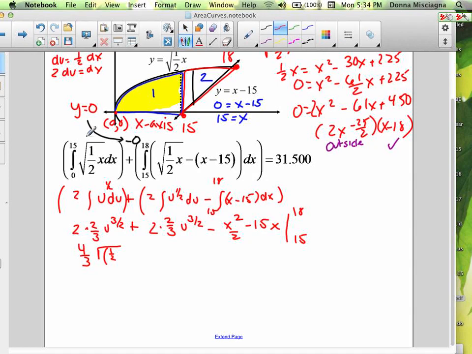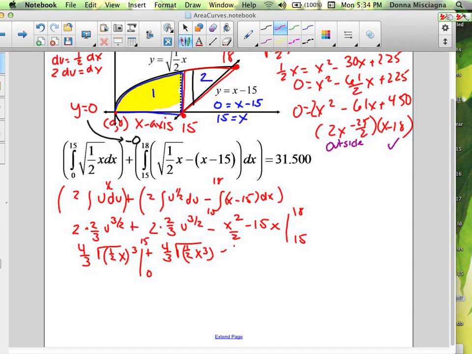So we have 1/2 x cubed, plus, and then again we'd have 4/3 times 1/2 x cubed, and this one here is going to be integrated from 15 to 0.